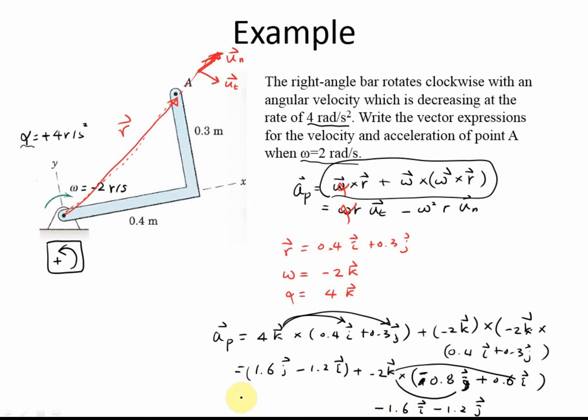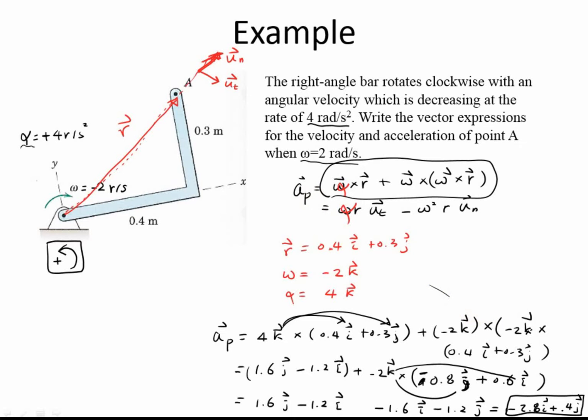And then in the front we have 1.6 j and 1.2 i. So this is equal to minus 2.8 i and 0.4 j. So that is our answer in vector form.